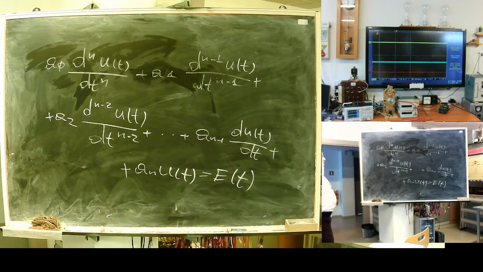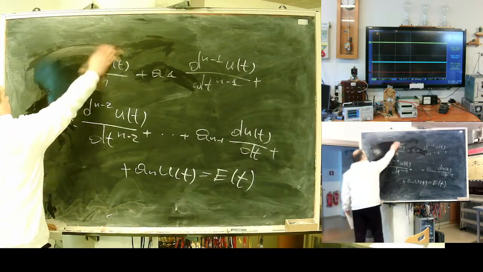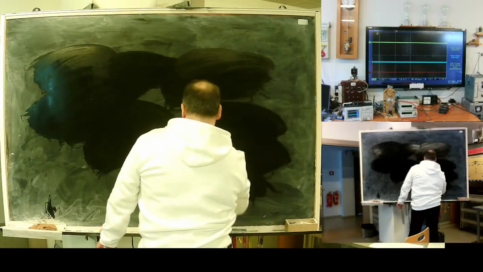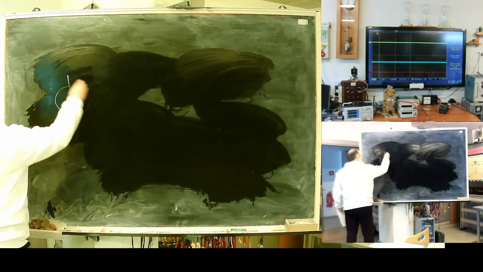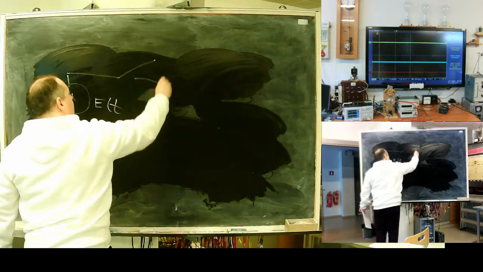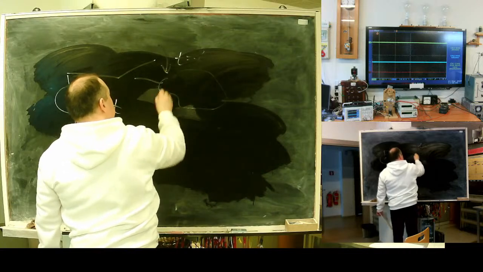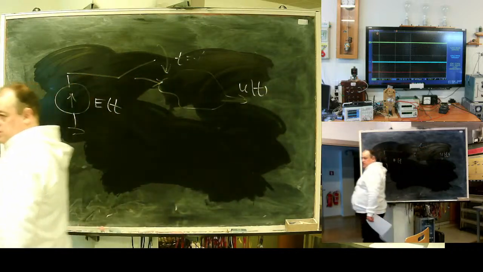For simplicity, let's assume zero starting conditions. It's for simplicity; we are interested in the free response. Let's assume that the voltage is zero at time zero. My system output is my voltage.